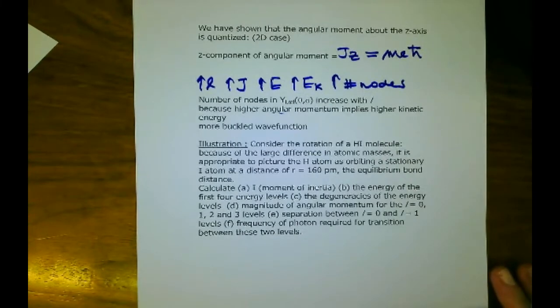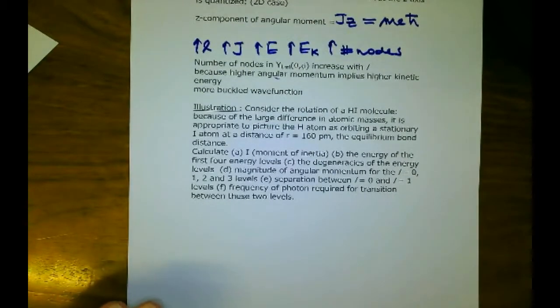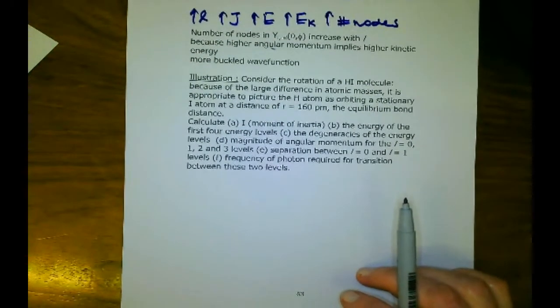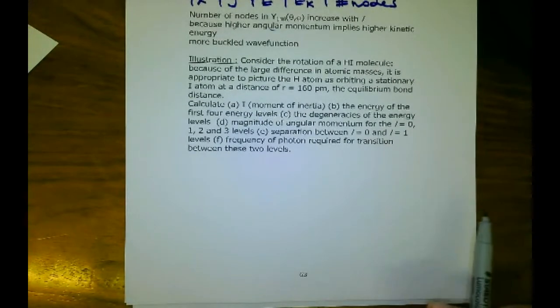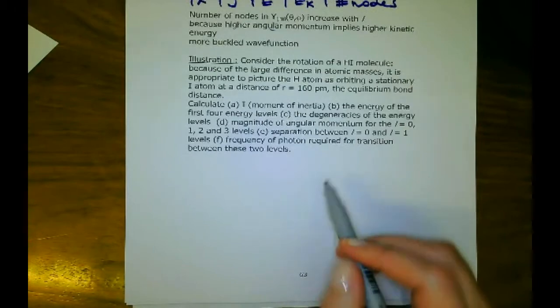So let's have a look at the application of this model to a chemical system. In this case we consider the rotation of an HI molecule. And because of the large difference in atomic masses, it's appropriate to picture the hydrogen atom as orbiting a stationary iodine atom.